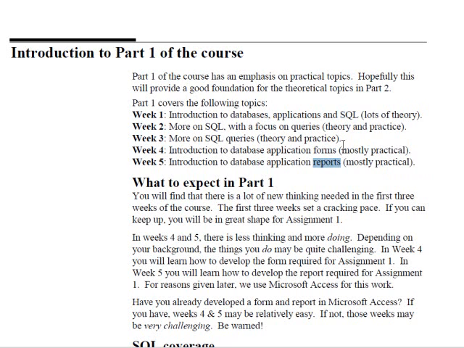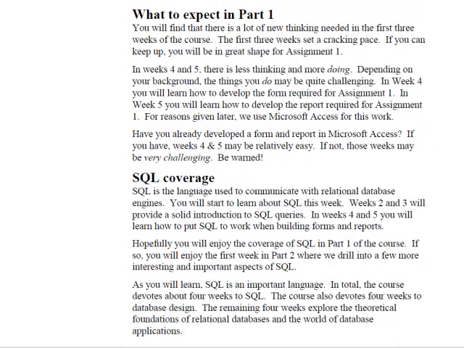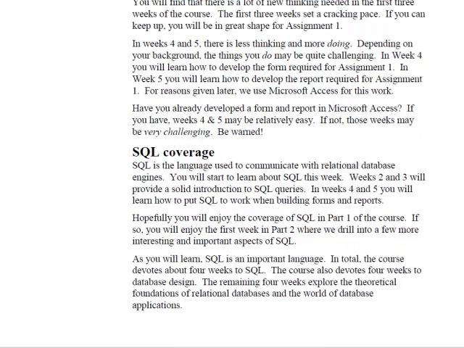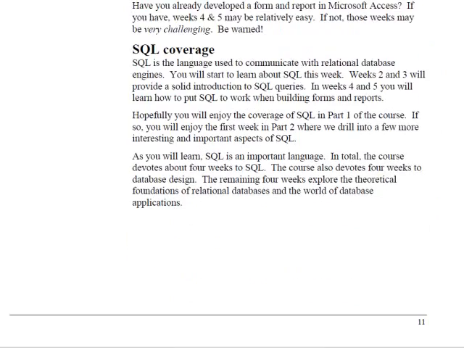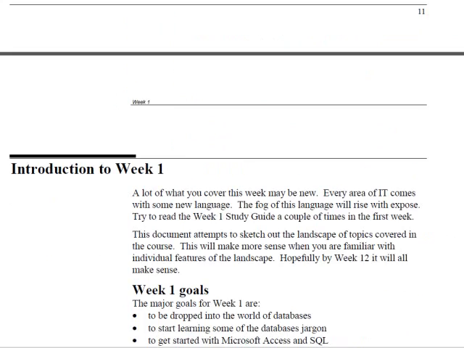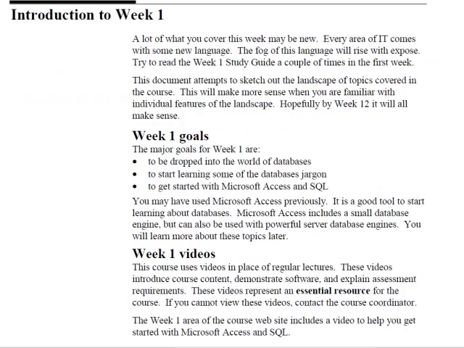If you have not used Access and SQL before, you will find part 1 of the course to be very challenging, and you'll have to work hard to perform well in assignment 1. So just a heads up there. SQL is very important, as well as the coverage in part 1. We also devote another week in part 2, learning about interesting aspects of SQL.